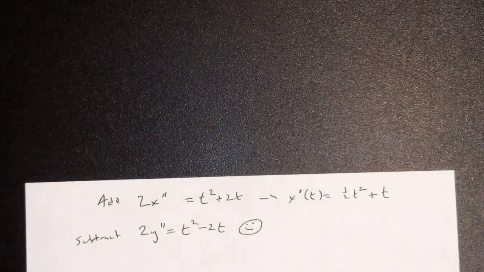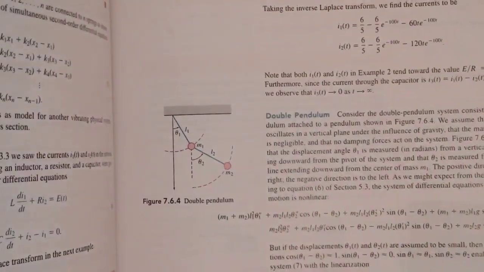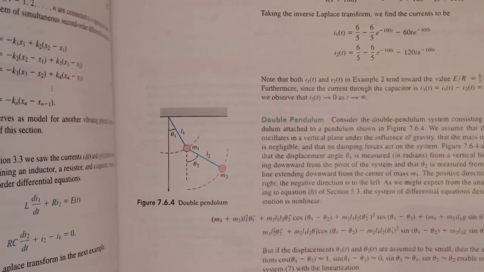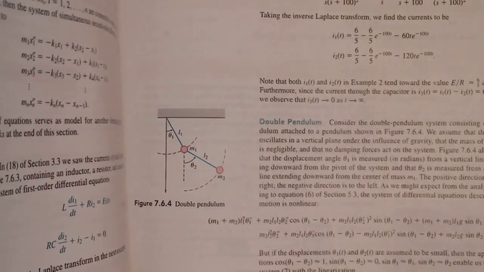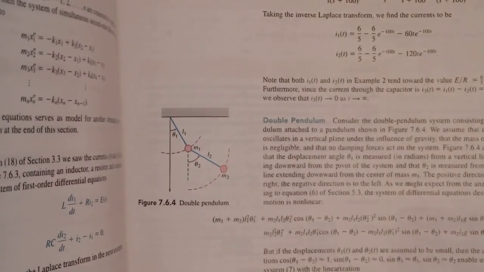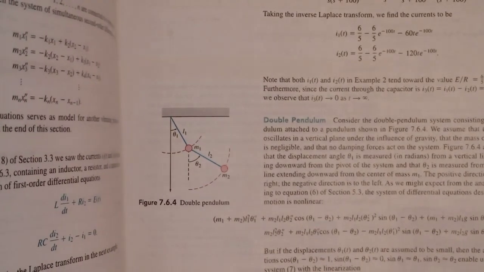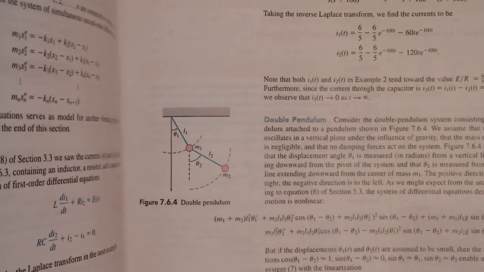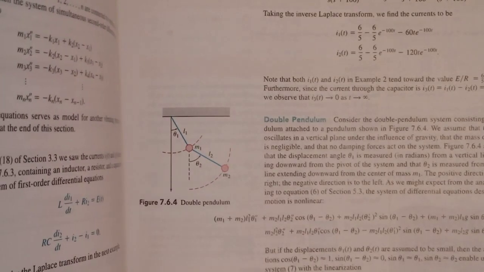My absolute favorite coupled example, and I apologize for not physically bringing the toy with me. I will bring it tomorrow so we can see it in action, is a double pendulum. A pendulum behaves just like a mass on a spring, going back and forth with damping as air resistance kicks in.